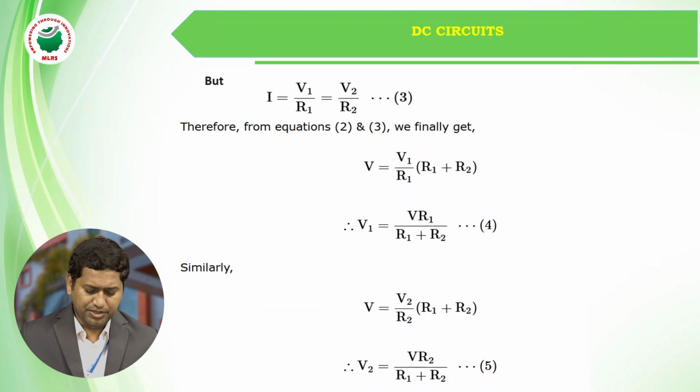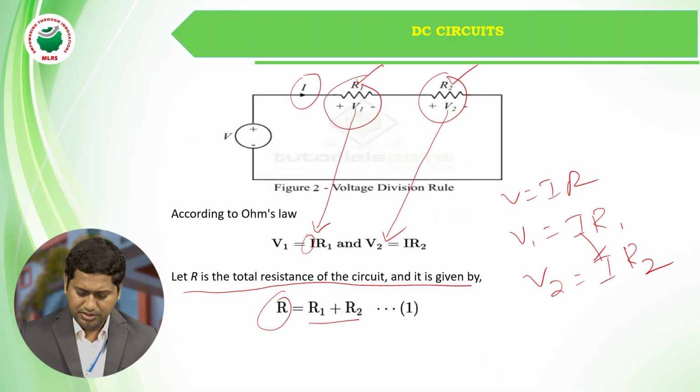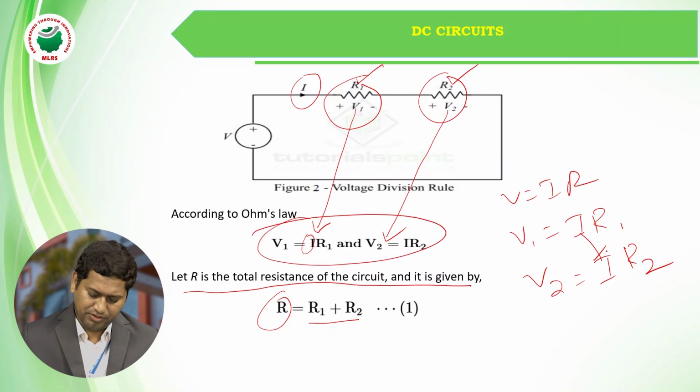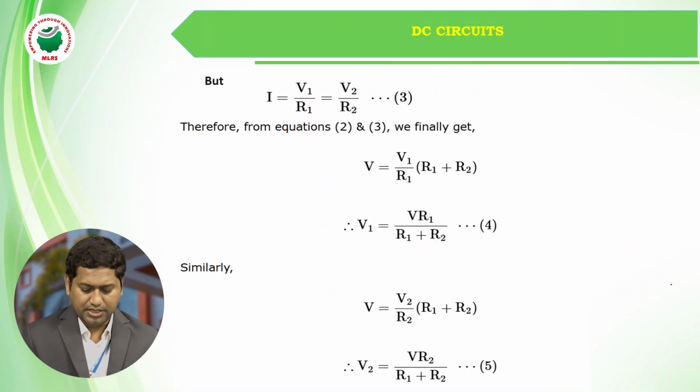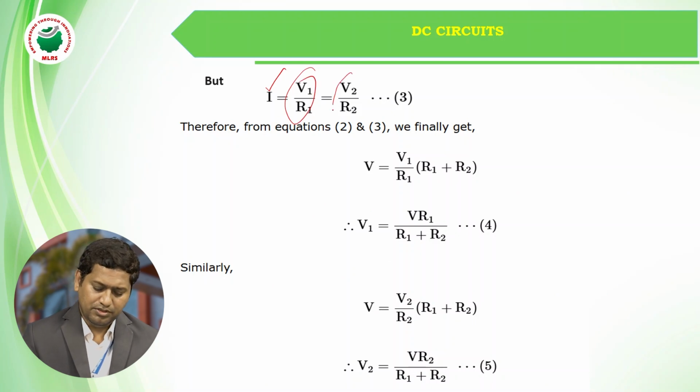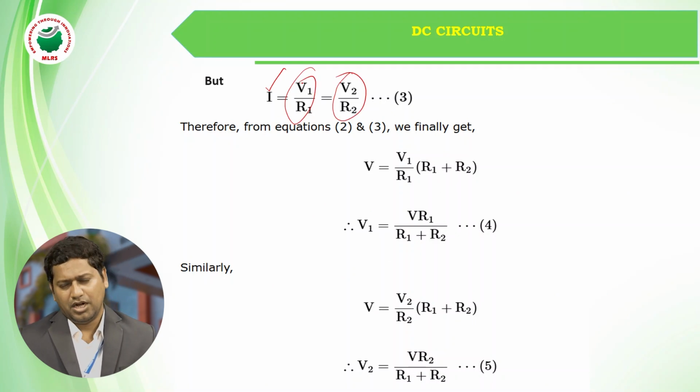So from here, let us go back once. I is common, right? So I is equal to V1 by R1, that is equal to V2 by R2.